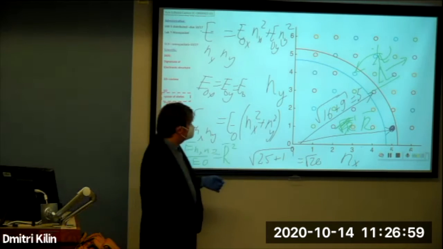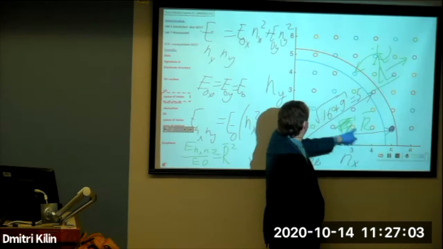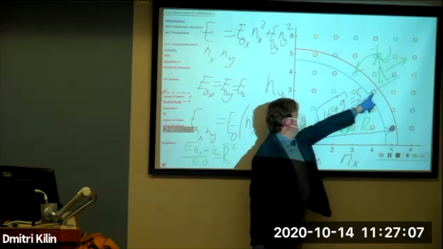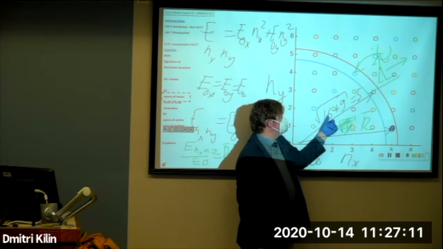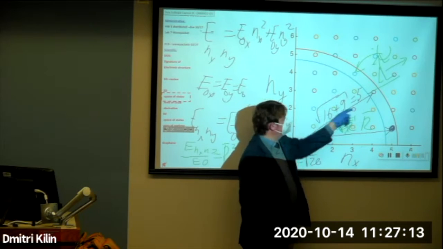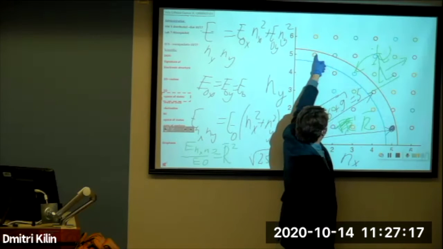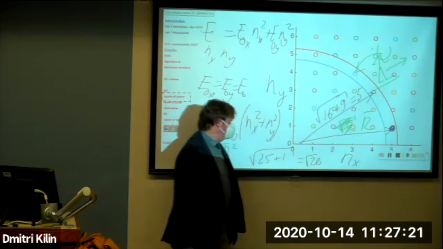If the point is nx equals 4 and ny equals 3, then this distance will be the square root of 3 squared plus 4 squared, 25, so the distance will be 5. And then we count 1, 2, 3, 4. And then we keep doing this exercise.